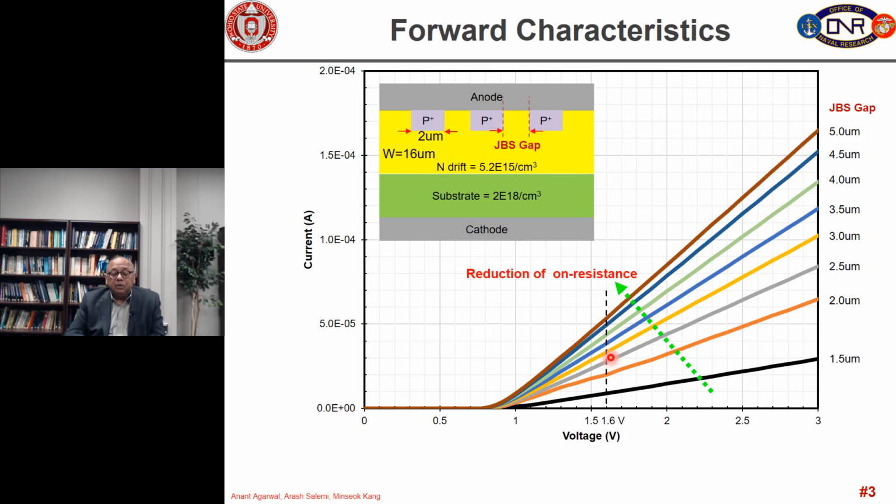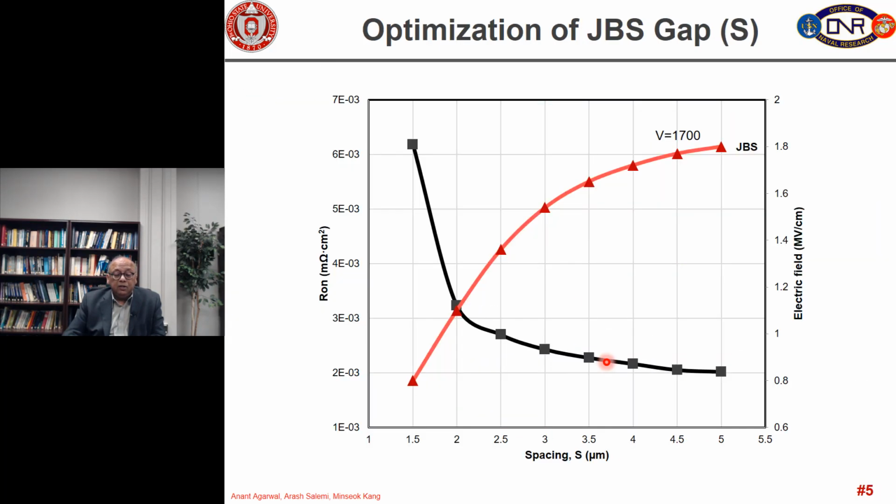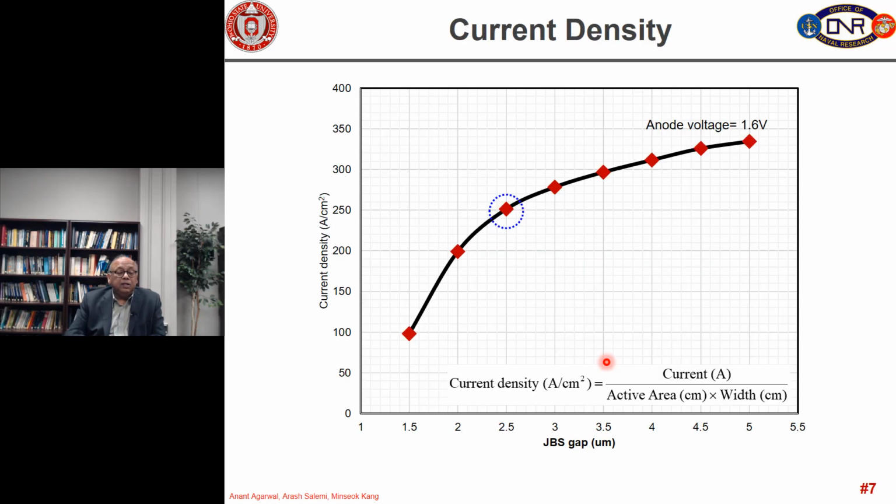At the optimum JBS gap of 2.5 micron, this is our operating point in forward direction, and we have converted the current into current density by dividing it by the area, cross sectional area, and we get a current density of 250 amp per centimeter square of this diode, which is very reasonable.